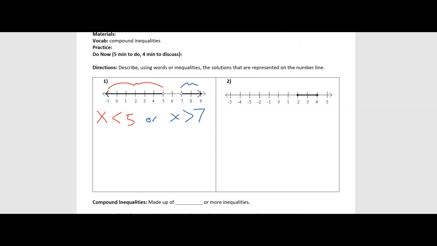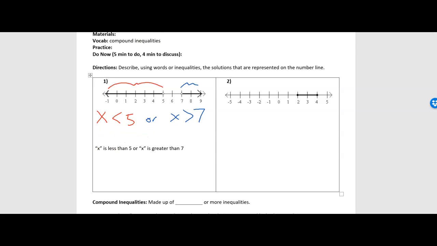And if we wanted to write that in words, I'm just going to type it. We could say x is less than 5 or x is greater than 7.